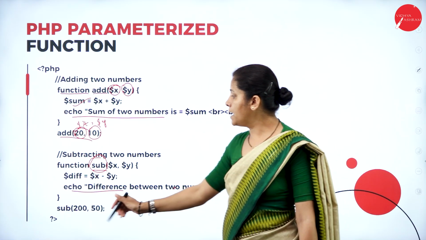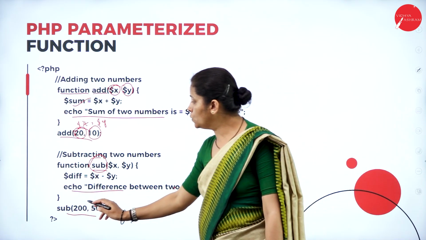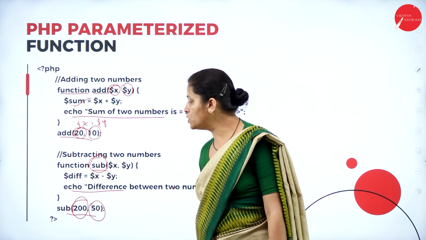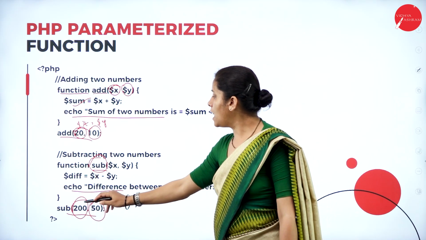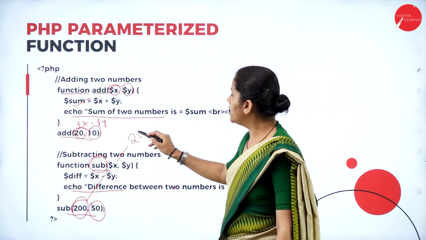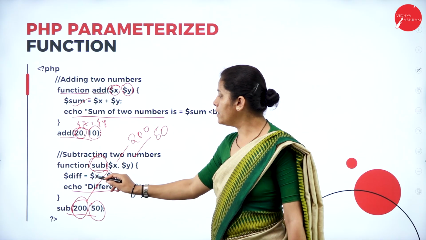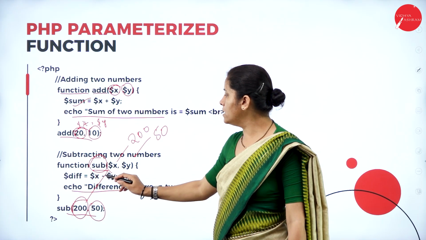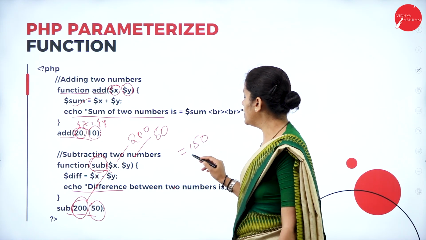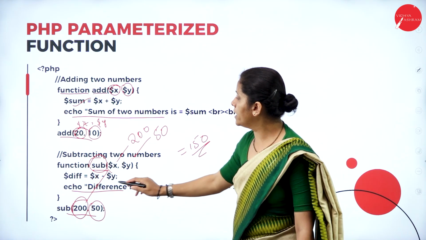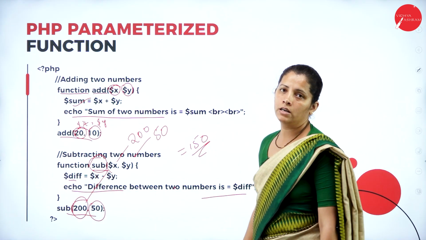At the same time, I'm going to call the function called sub, and I'm passing two values, 200 and 50. Now x holds the value 200 and y holds the value 50. What is the output? 200 minus 50 is 150, and it is stored in the variable called diff. Now I'm going to print the difference.